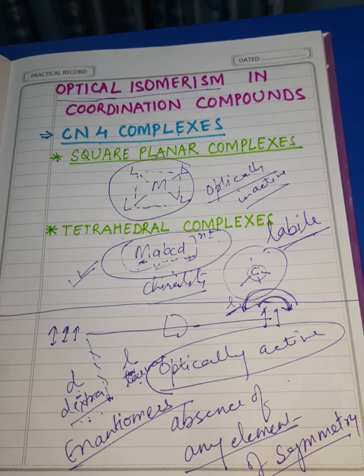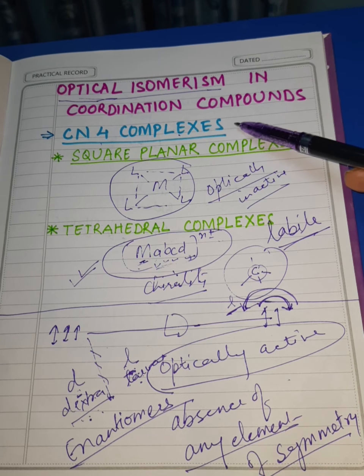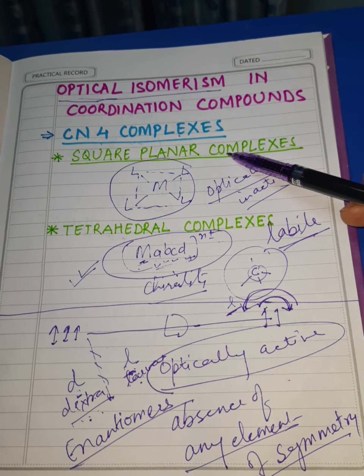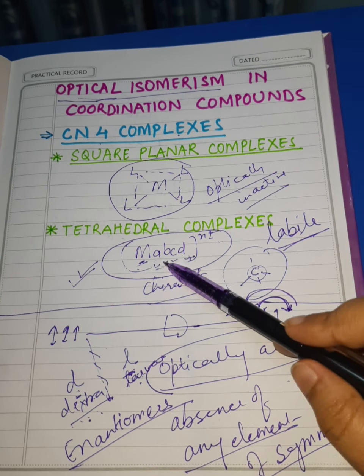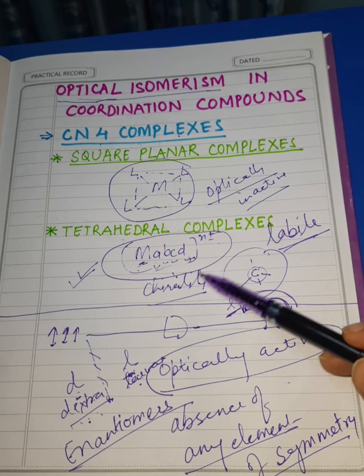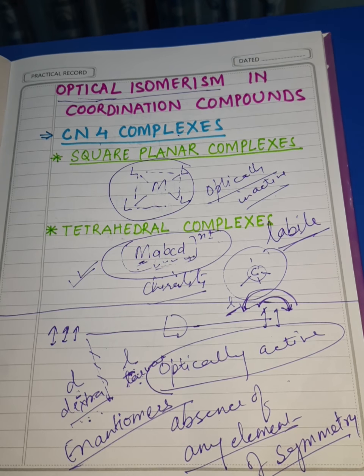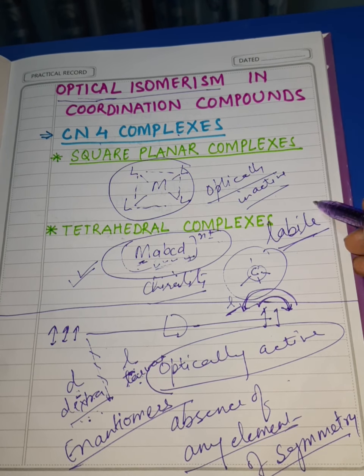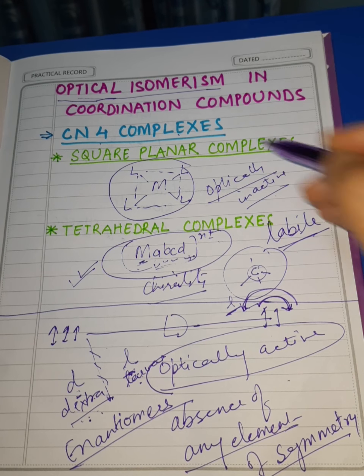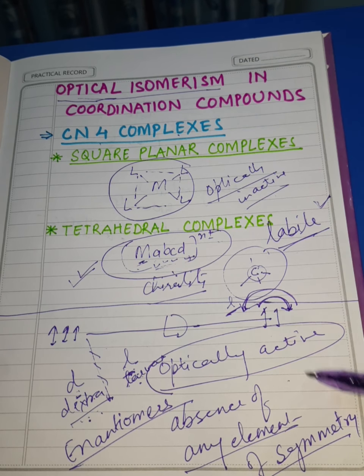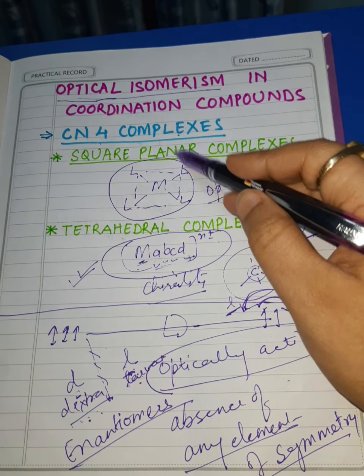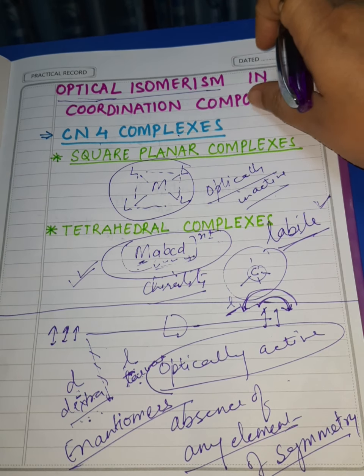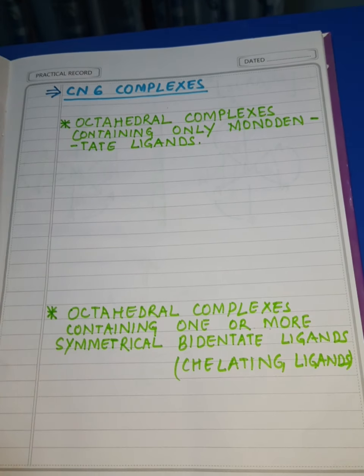So we can say that CN4 square planar complexes are optically inactive, and tetrahedral MABCD type complexes are optically active, but they could not be resolved due to their labile nature. So optical isomerism is not very common in CN4 complexes.